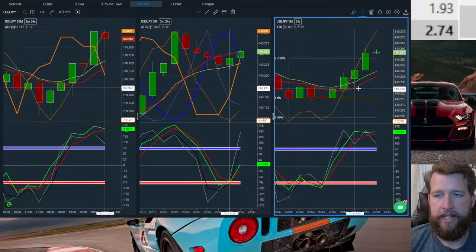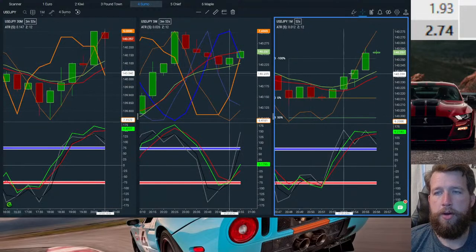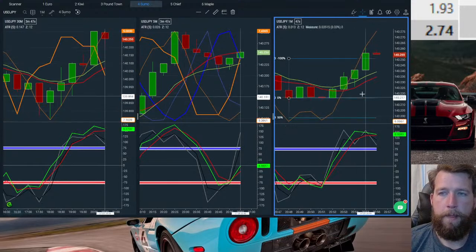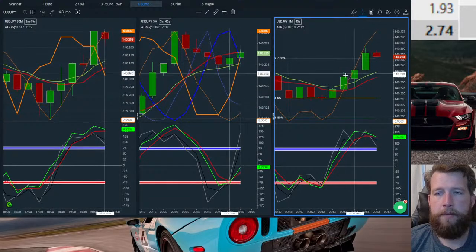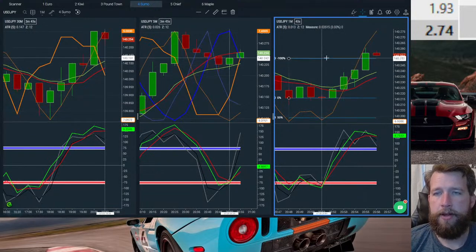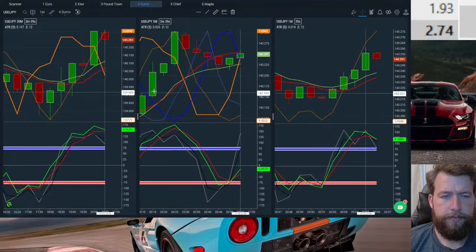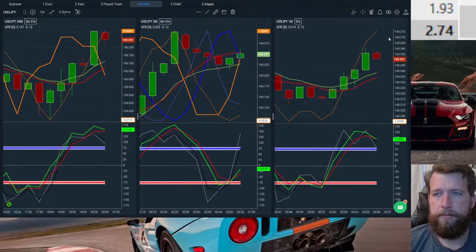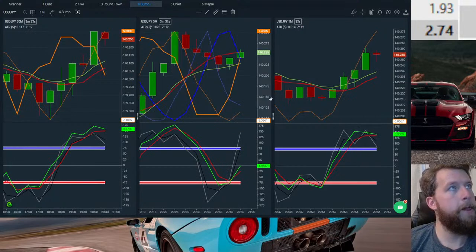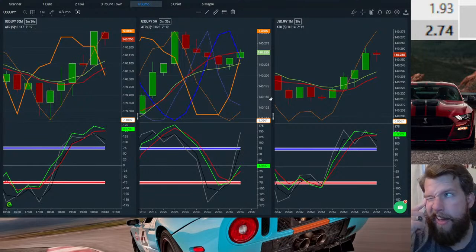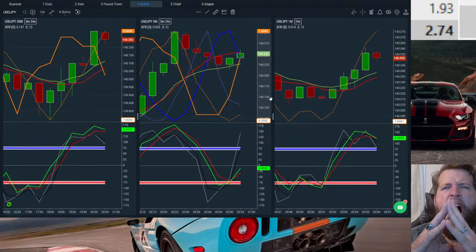Orange was still pointing down at the post. Now it's pointing up. So yeah, that would have been nice to catch right there, but you're not going to catch all of them. Nice if we could.